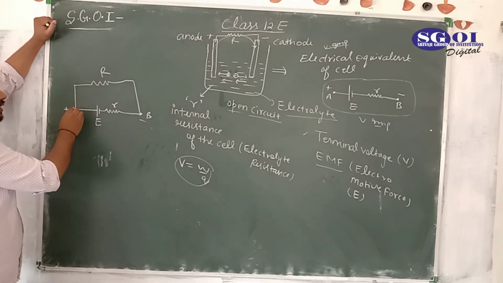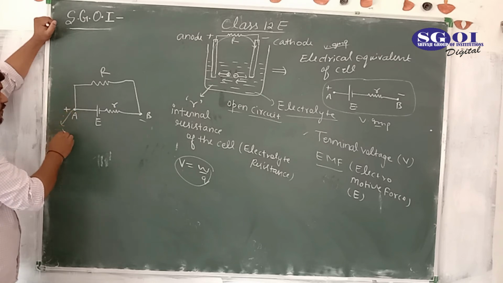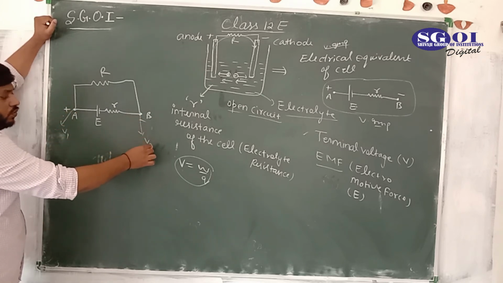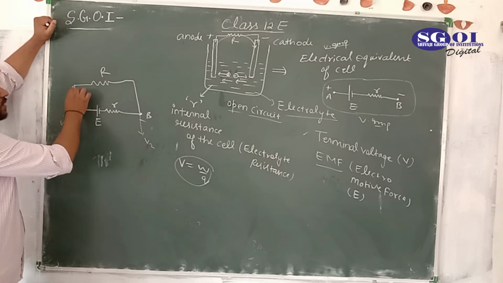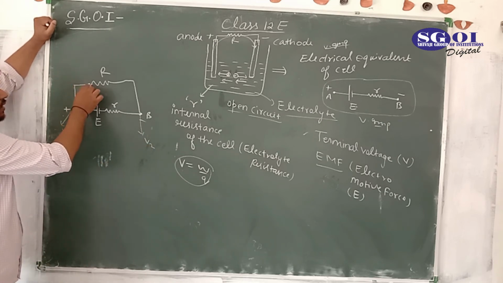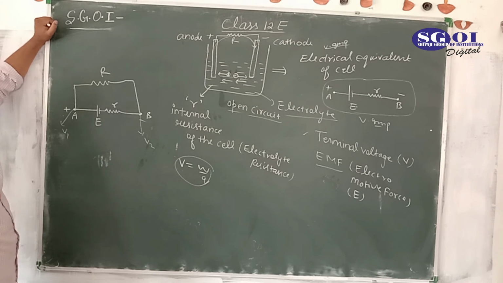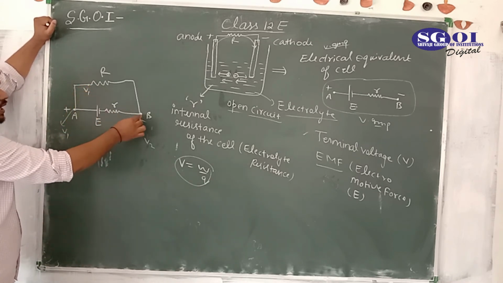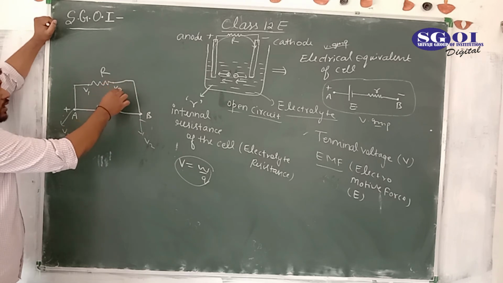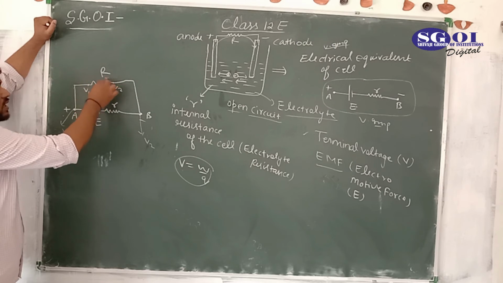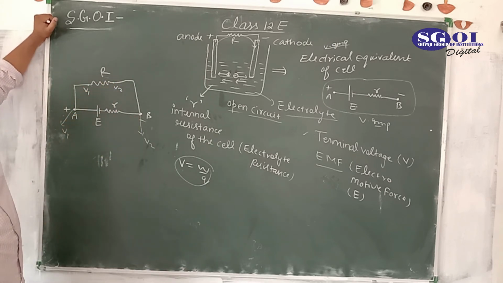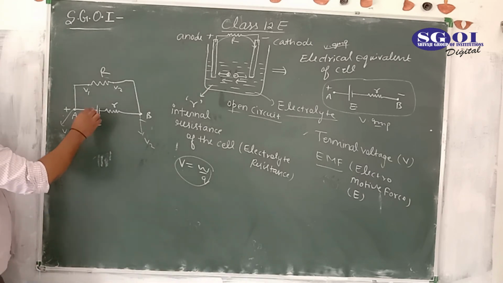Suppose the potential here is V1 and there is V2. As this is a metallic part, and metals are equipotential, here is V1, here is also V1, here is V2, here is also V2. So the potential difference across the resistor is V1 minus V2, which is equal to the terminal voltage.